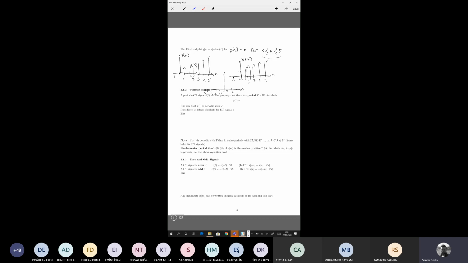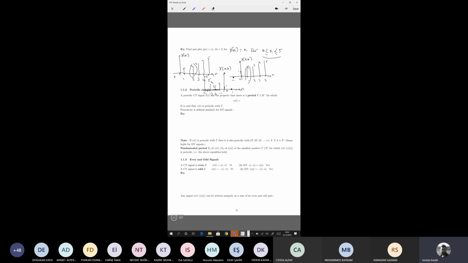This is my n. This is x of minus n plus 1. So I will simply reverse the time. At 4, it was 5, but now at minus 4, it is 5. At 3, it was 4, but now at minus 3, it is 4. This is 3, this is 2, now I have 1 here, and I have 0 here.